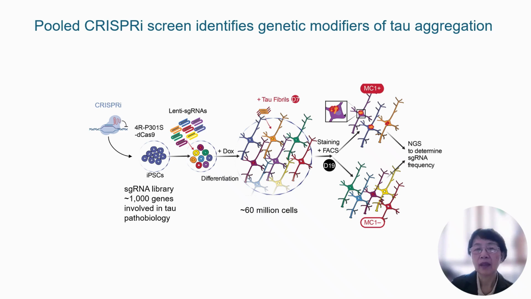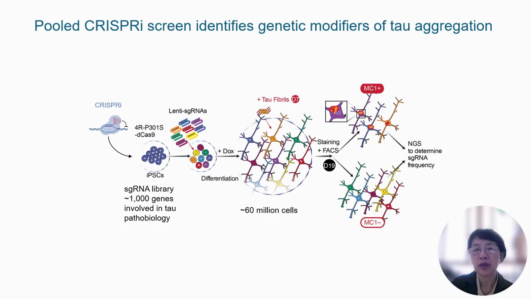When the guide RNA binds to its target DNA sequence, the dCas9-KRAB complex is recruited, effectively repressing gene transcription. This allows us to identify genes essential for specific cellular processes or phenotypes. The guide RNA library used was customized based on the tau oligomer screen and tau interactome studies.